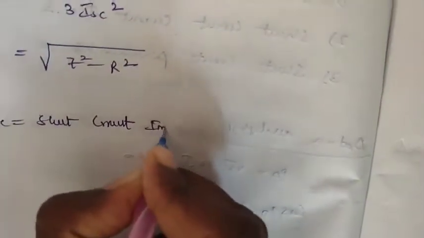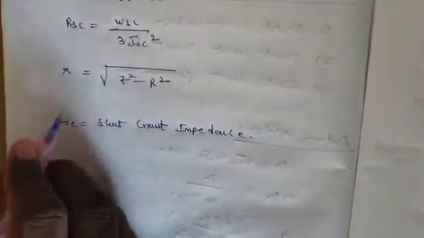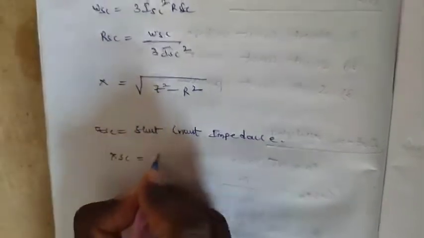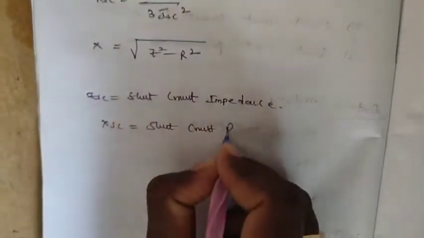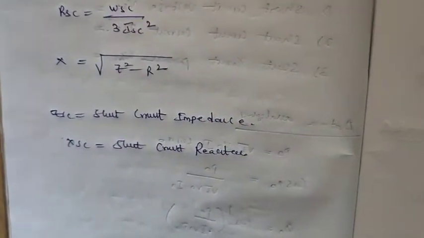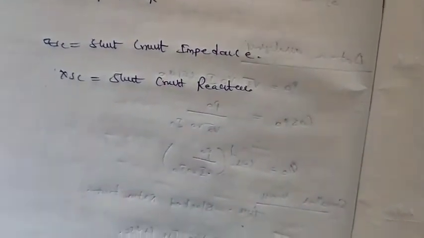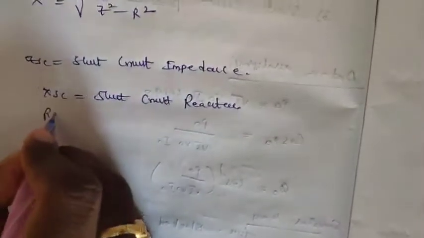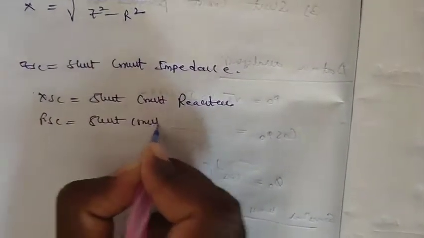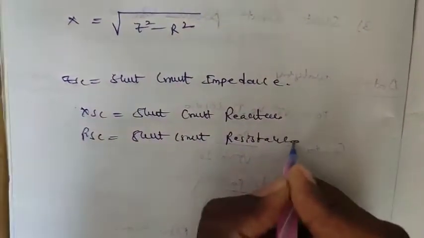So X equals the square root of Z squared minus R squared, where ZSC is the short circuit impedance, XS is the short circuit reactance, and RS is the short circuit resistance.